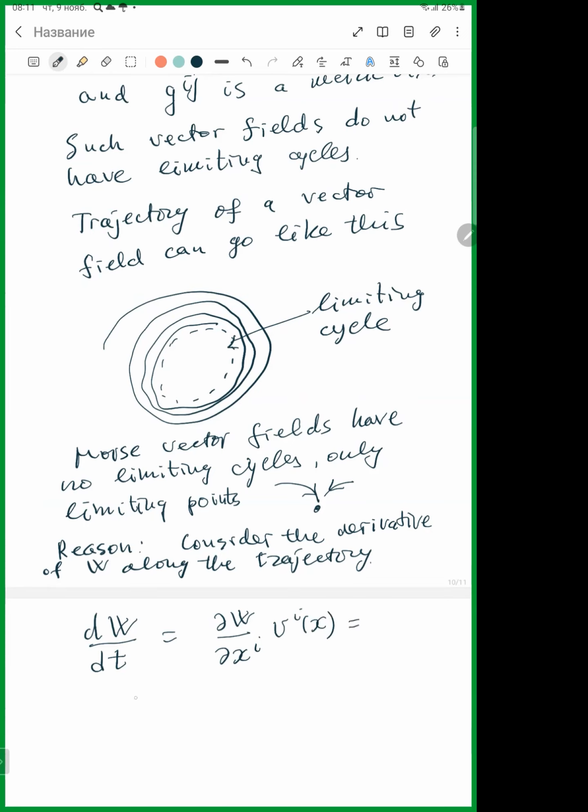However, it equals dW over dxi dW over dxj gij. And this thing is strictly positive.